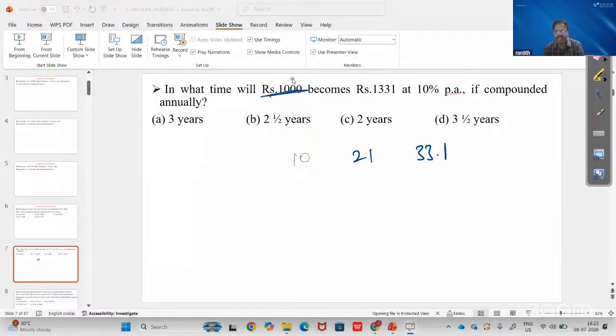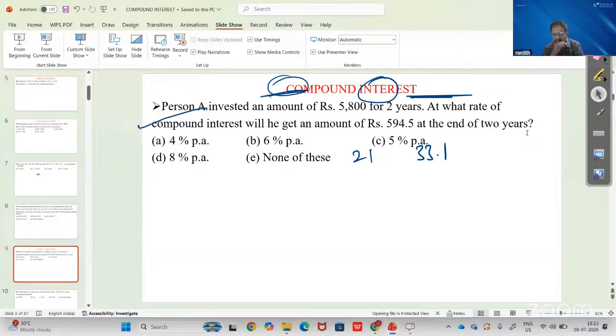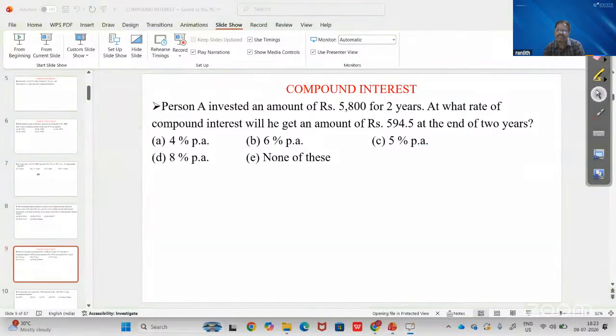Here also the same thing, initially 1000, finally 1331 at 10 percentage per annum. For how many years? 3 years of time. Next.